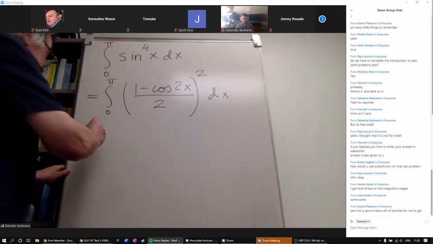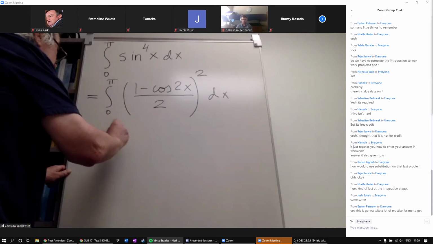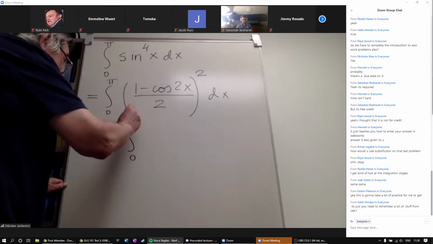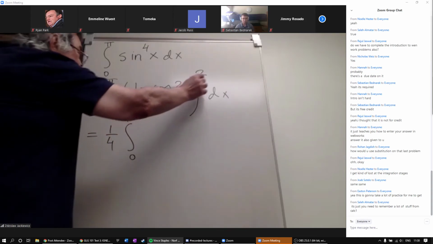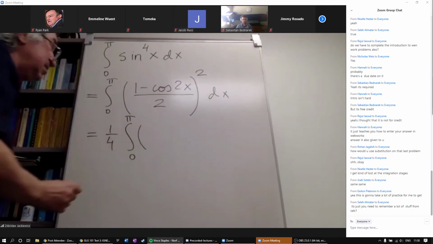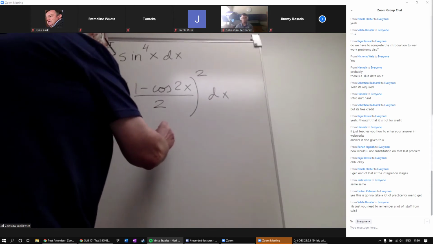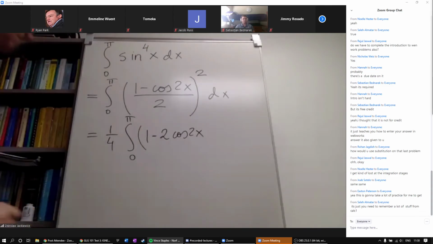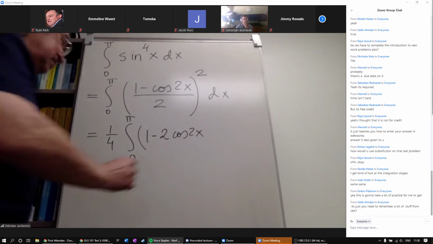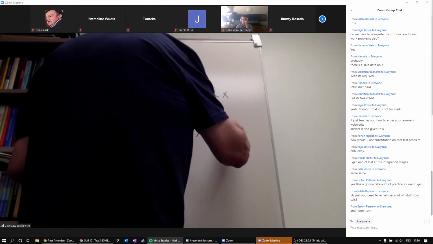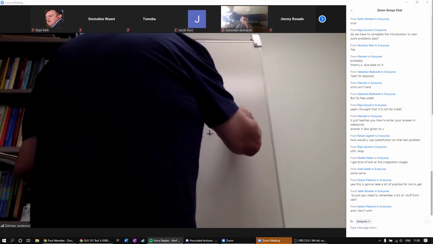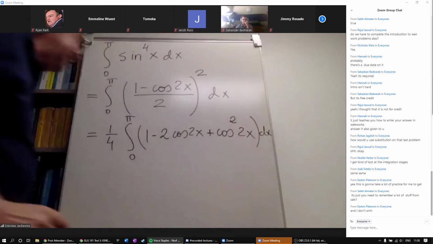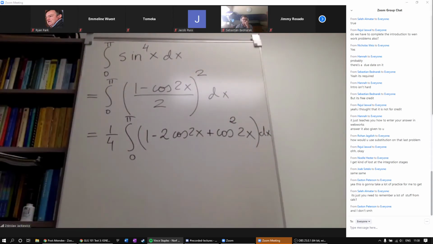So that's equal to 1 over 4, you can factor this out, times the integral from 0 to pi of 1 minus cosine 2x, squared. If you square it, it will be 1 minus 2 cosine 2x plus cosine squared 2x.